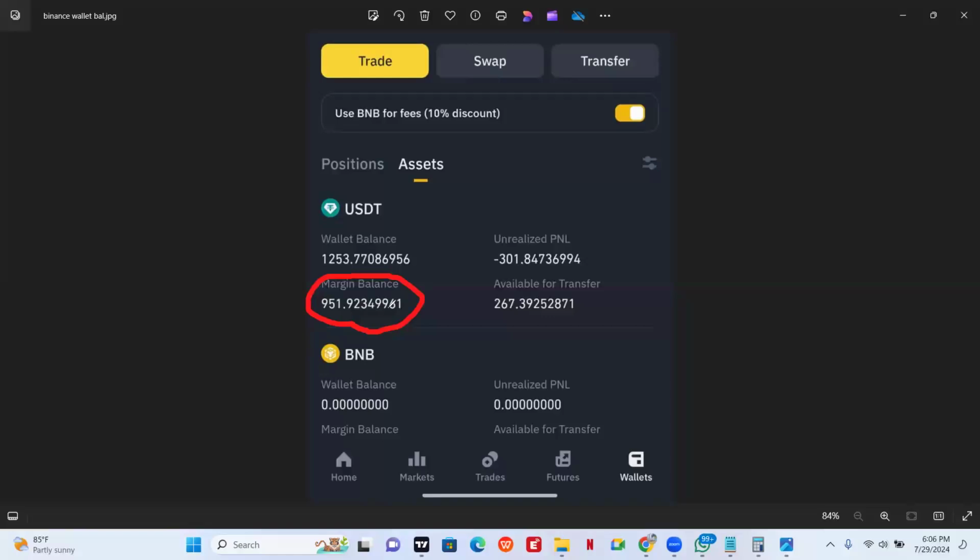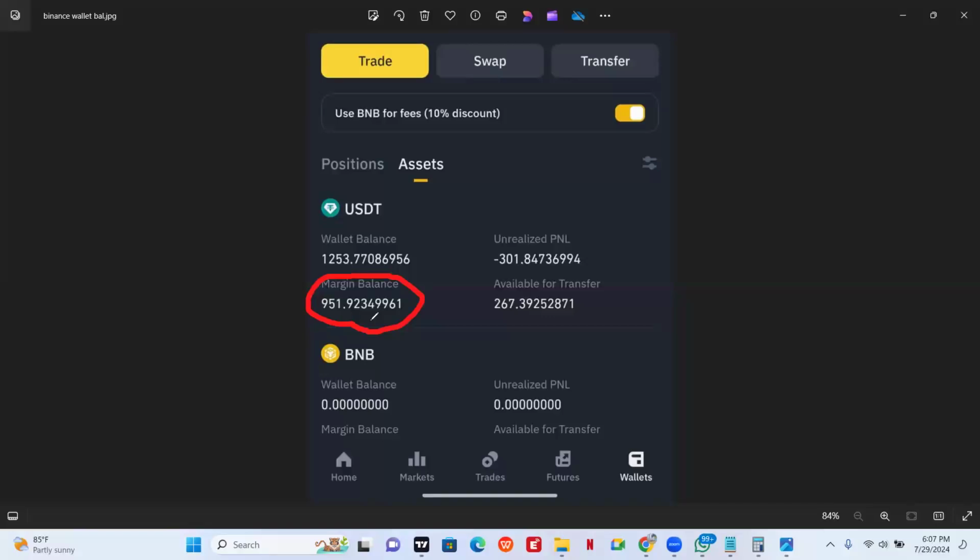So the margin balance is the part of your money that is not affected. Out of your $1,000 capital, your $951 is untouched. It's in the trade, but it is not affected.